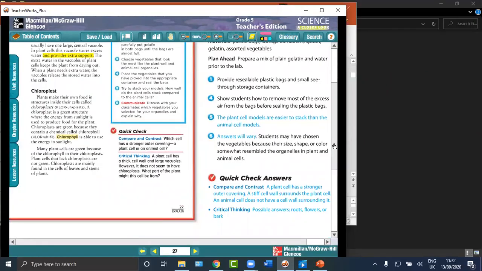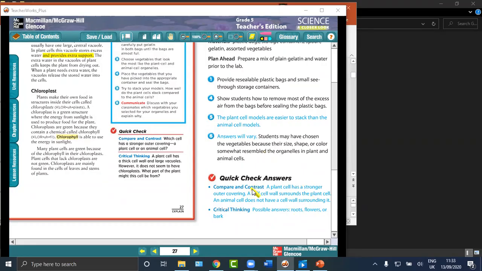Chloroplasts use the energy in sunlight. Plants make their own food in structures inside their cells called chloroplasts.